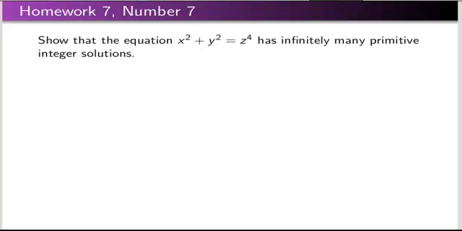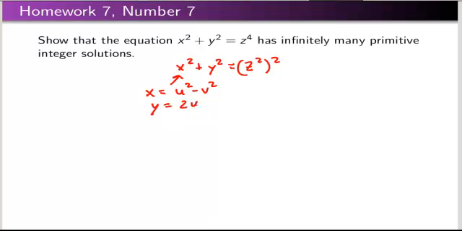Okay, show that this has infinitely many primitive integer solutions. Well, you can immediately see that any solution to that gives us a Pythagorean triple. So we want to find a special type of Pythagorean triple. And we know that Pythagorean triples are of this form. X is going to be u squared minus v squared.